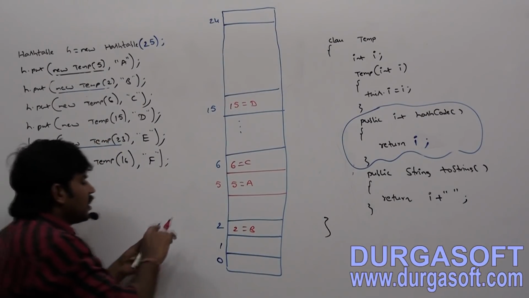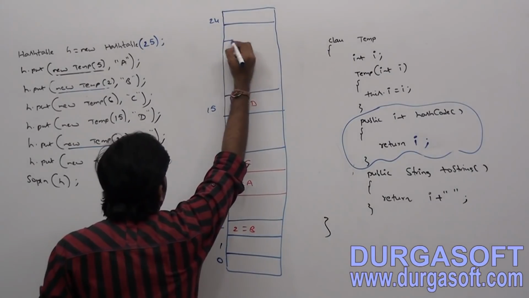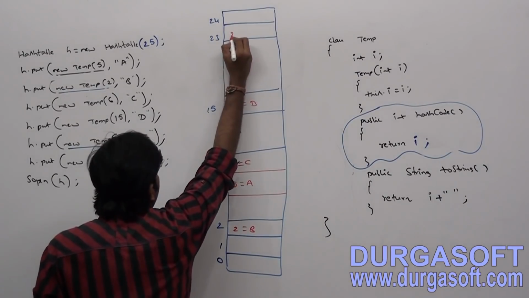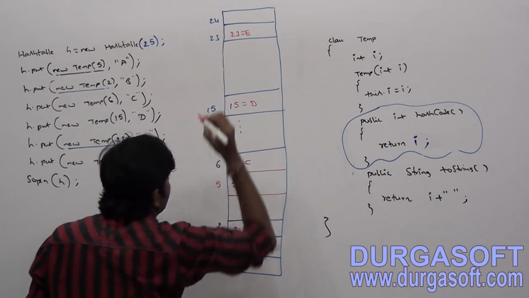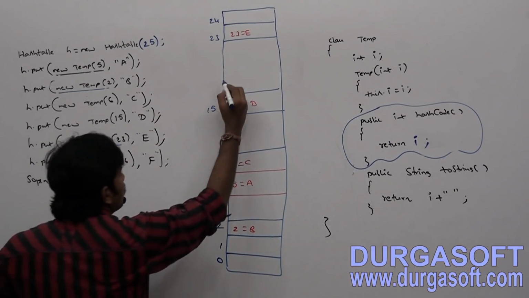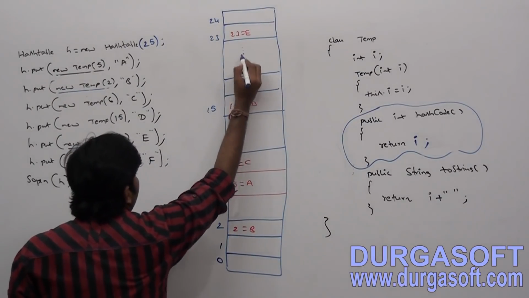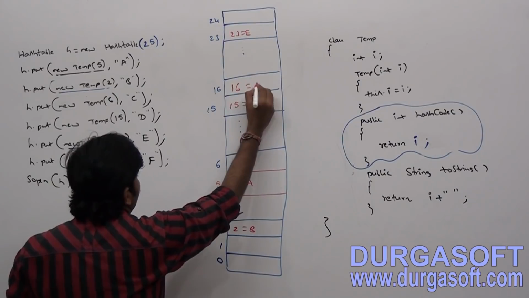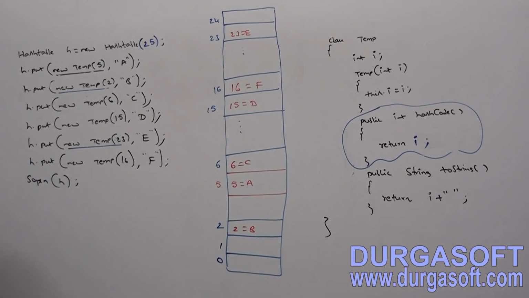In the 23rd bucket, 23=e is there. The last one is new Temp(16), f. In the 16th bucket, 16=f is there. That's all. Are you getting it?